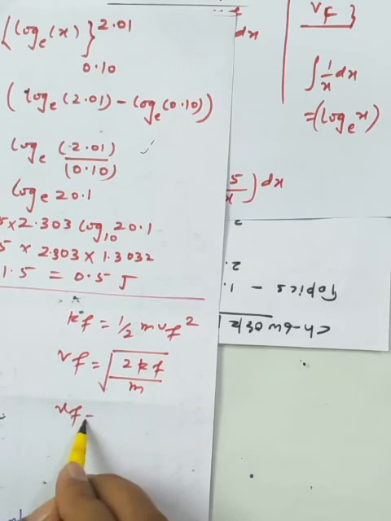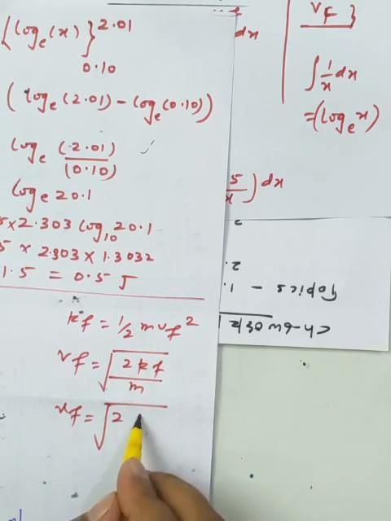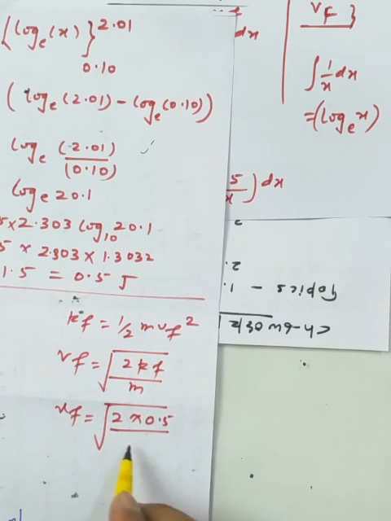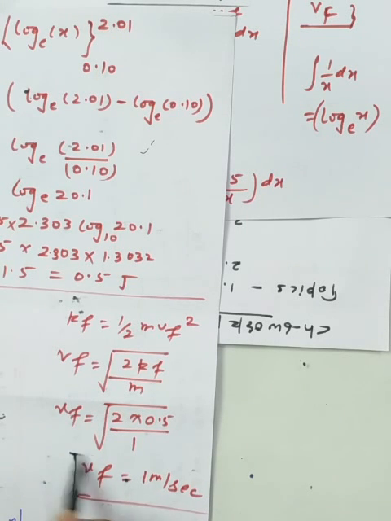Whenever we put in the values, 0.5 joule and 1, and solve, V final comes to 1 meter per second. So this is the simplest representation of the problem: we got K final as 0.5 joule, and the final velocity we easily got as 1 meter per second.